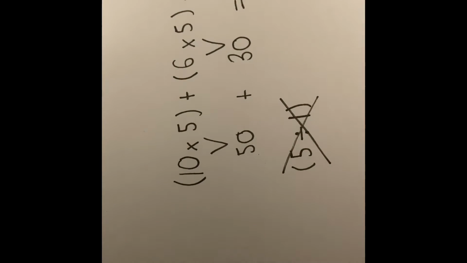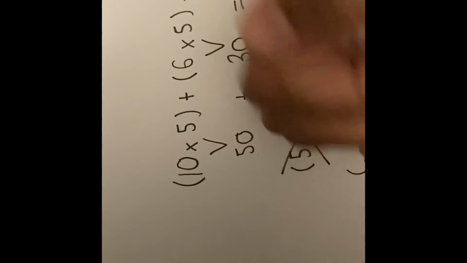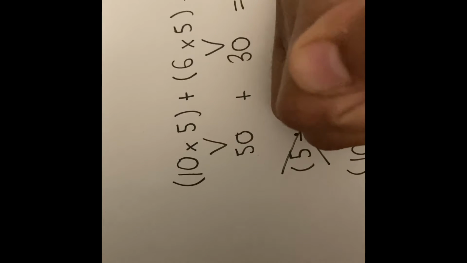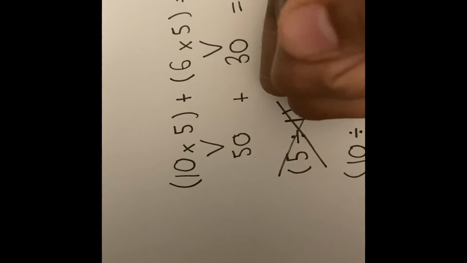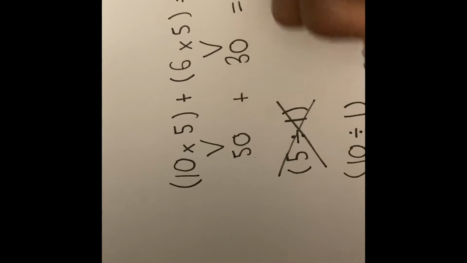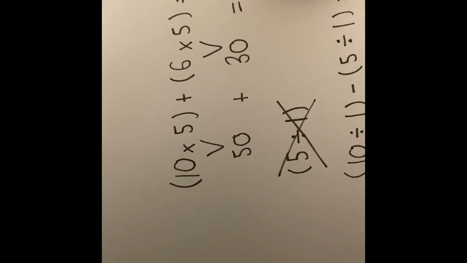Since division is multiplication backwards, it has to start from the product, which is 10 divided by 1 minus 5 divided by 1 equals 5. I know that looks like a plus, but it's division.